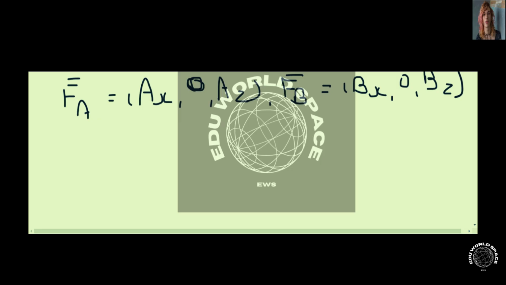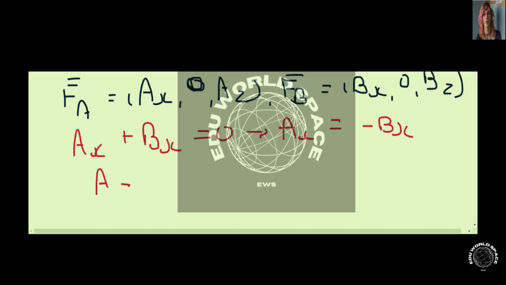Since those two forces are equivalent to the original situation, we know that they must add up to the original force. So Ax plus Bx is equal to 0, so Ax is equal to minus Bx, and Az plus Bz is equal to R.